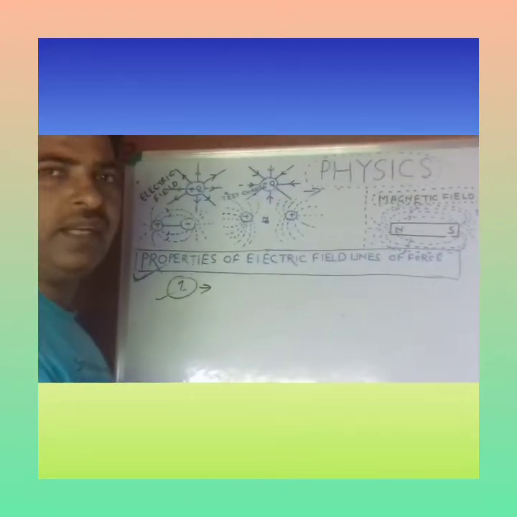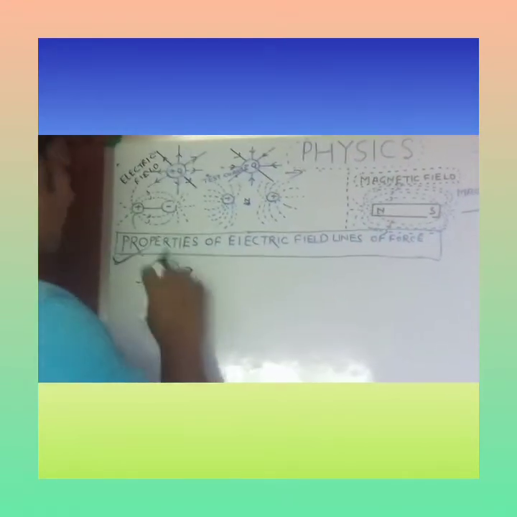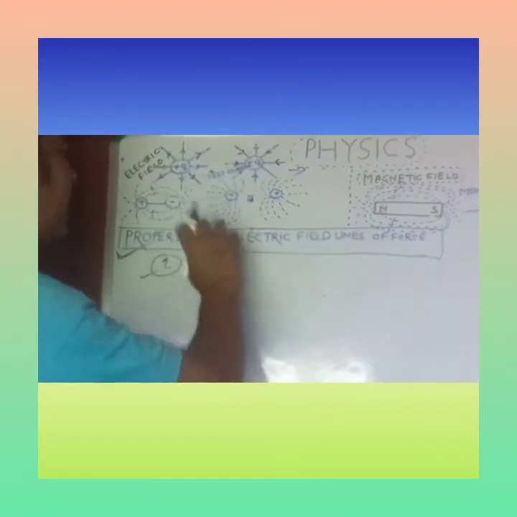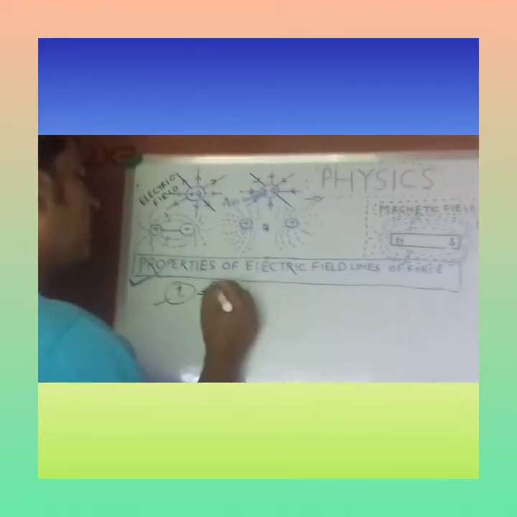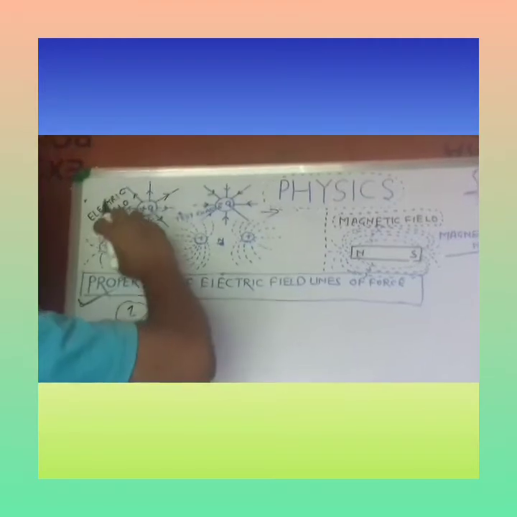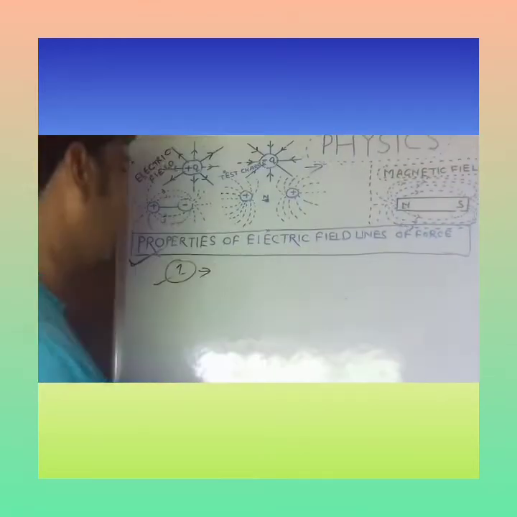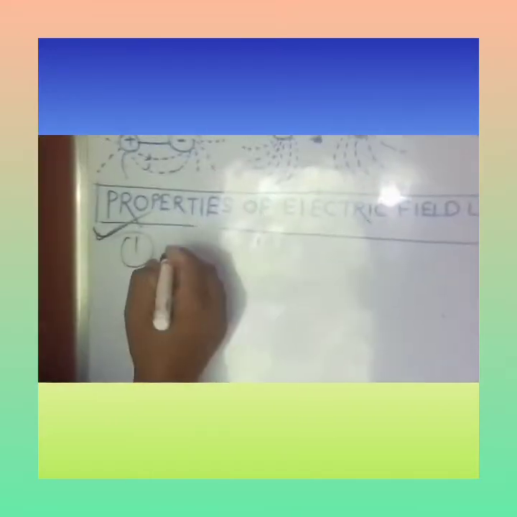My dear students, you have to remember all these points. Electric field lines start from the positive charge and go toward the negative charge.